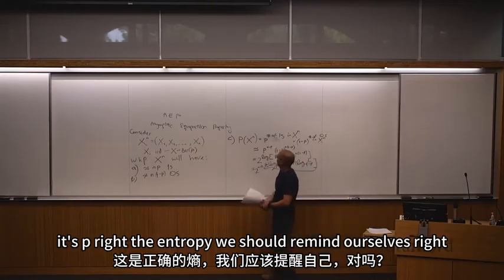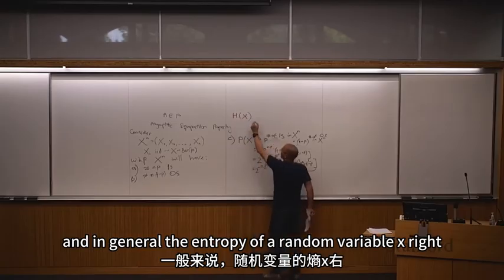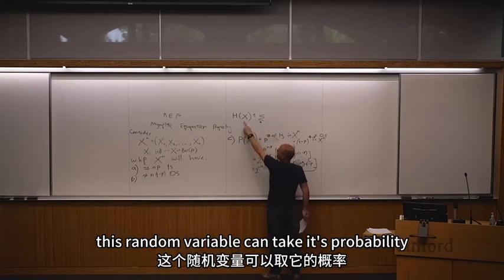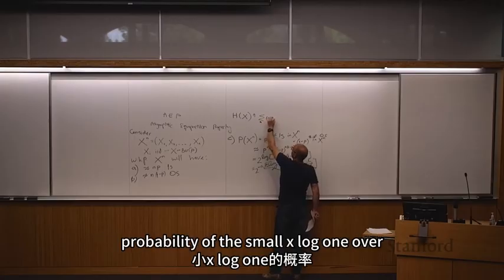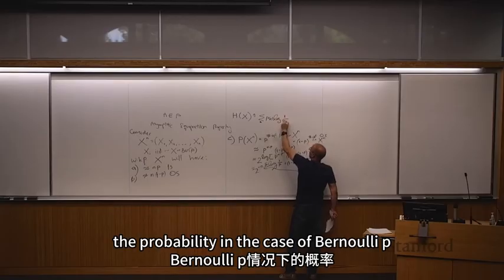Maybe we should remind ourselves: in general, the entropy of a random variable x was defined as the sum over all the possible values, small x, that this random variable can take, of the probability of small x times log 1 over the probability.